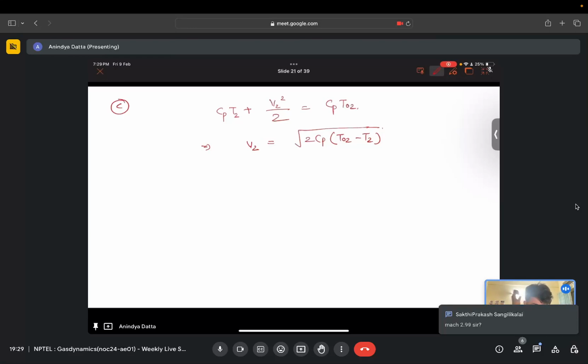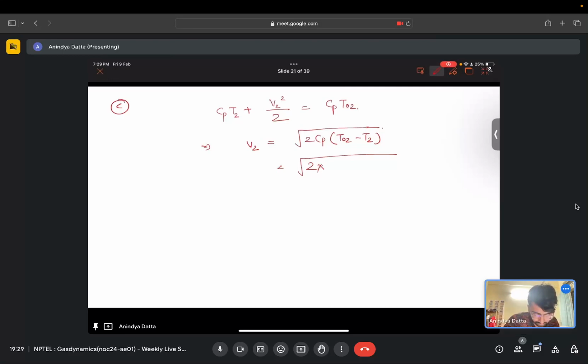Yes, Mach number is 2.9. We can also do another way: write the ratio of stagnation temperature to static temperature as 1 plus gamma minus 1 by 2 into Mach number square. So we can use that approach as well.